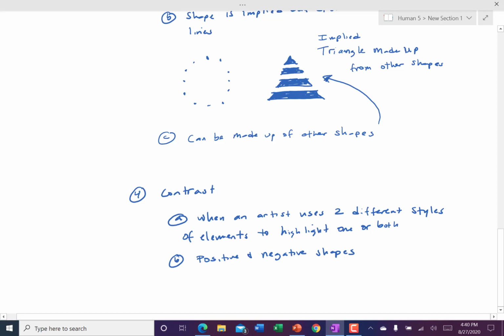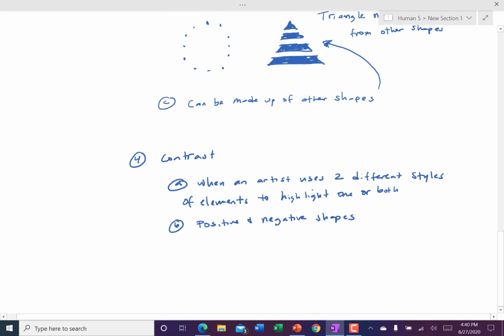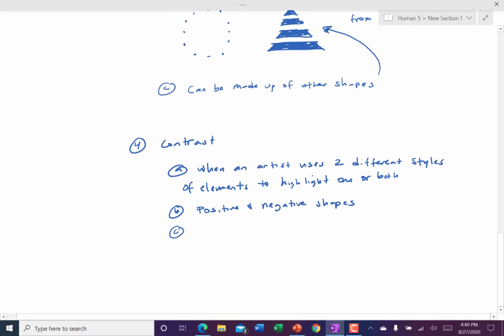The contrast of color, the contrast of shapes. And this works for lines too, right? Irregular and regular lines. Same thing: artists often use regular and irregular lines. You usually have both geometric and organic shapes used.